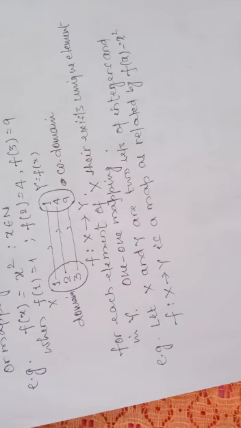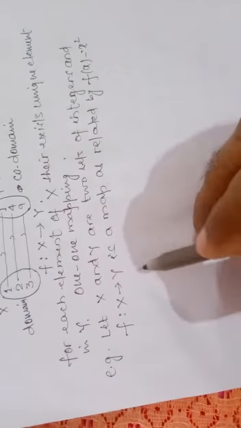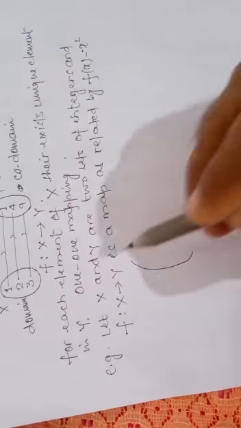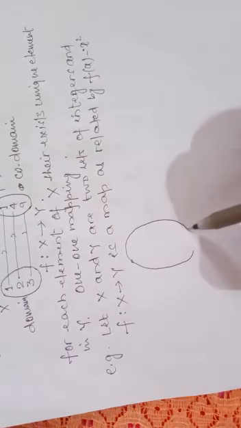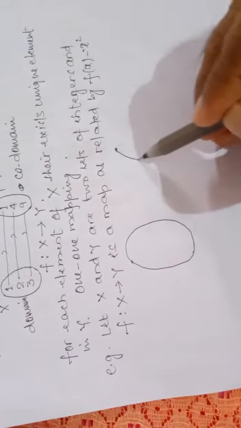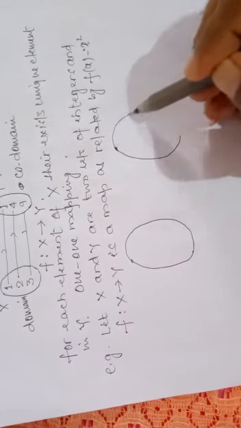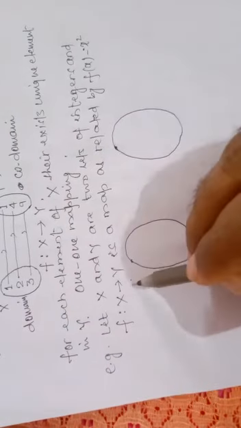So now construct the map. Let this be one set, this is another set, that is Y, and this is X.